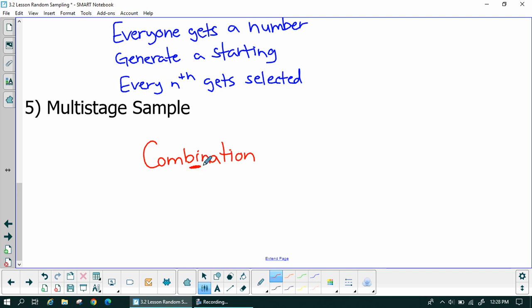Somebody will tell me. So if you're paying attention, you'll know whether or not I spelled that wrong. I'm looking at it and it looks like it's wrong. So you all can correct me if I'm wrong and then tell Mrs. Pickard. So multi-stage, stratified or cluster alone would not be considered multi-stage, but perhaps I stratified and then within my strata I did clusters, and so that would give me an extra layer, and that would be considered a multi-stage sample.